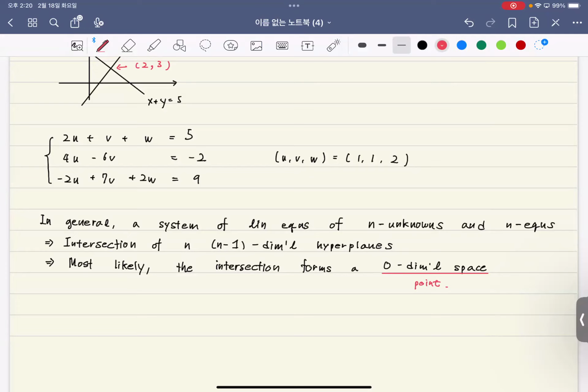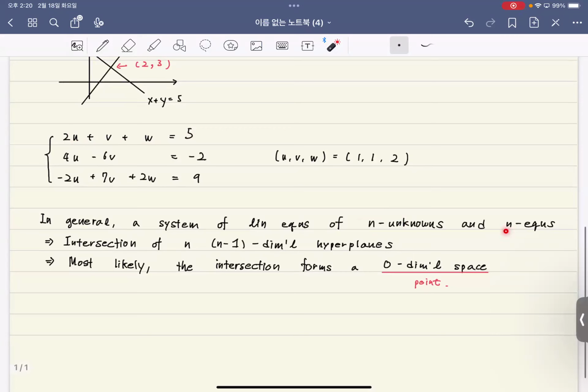Introducing one constraint means you're losing 1 degree of freedom. I have n equations, that means n constraints. So after you lose n degrees of freedom, you're going to have 0 degrees of freedom, which is a 0-dimensional space. All right. So this is about the row picture.